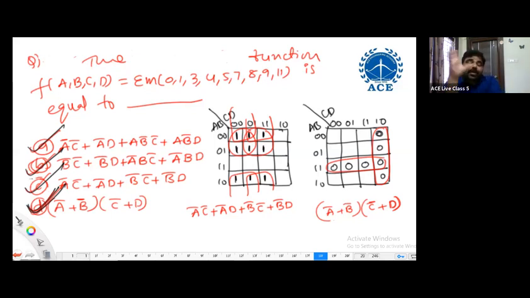If all are given in POS minimal, we can go with POS minimal and verify. Sometimes the minimal expression may be given in POS and the question framed with minterms. Another possibility, the question may be given with maxterms and the minimal expression given in SOP.